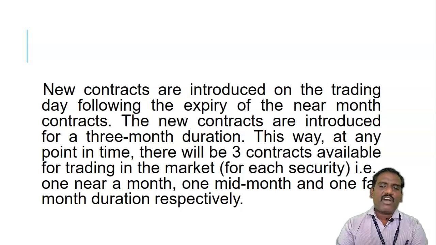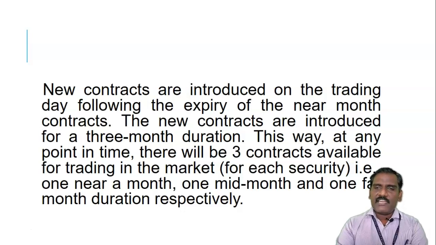The new contracts are introduced on the trading day following the expiry of the near month contract. The new contract is introduced for a 3-month duration. This way, at any point of time there will be 3 contracts available for trading in the market for each type of security.